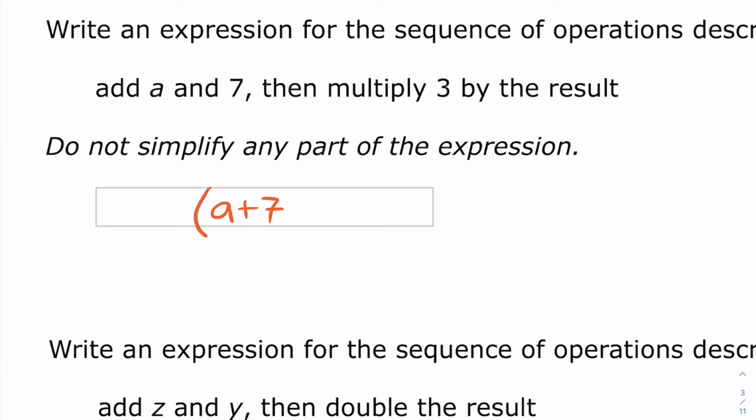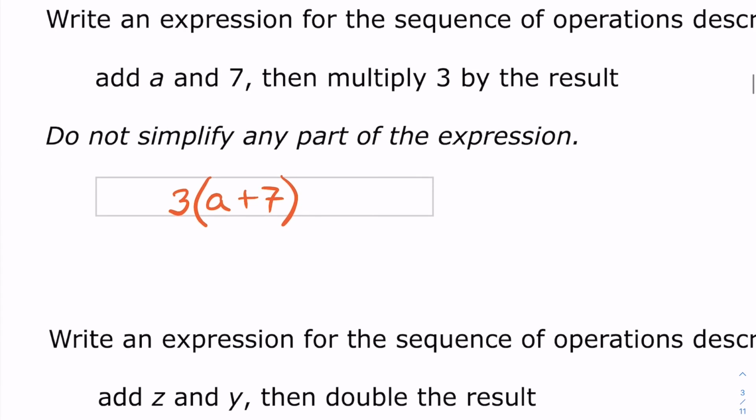So I'm going to leave this in parentheses and make sure that I multiply it by 3. It is going to matter, the order. We could also do A plus 7 like this, and then multiply it by 3 here if we wanted to. That's a little strange. Normally we put the 3 out front of the parentheses. So here's your monomial, 3, times your binomial, 2 terms, A plus 7.